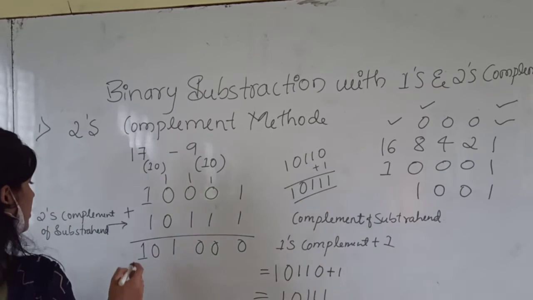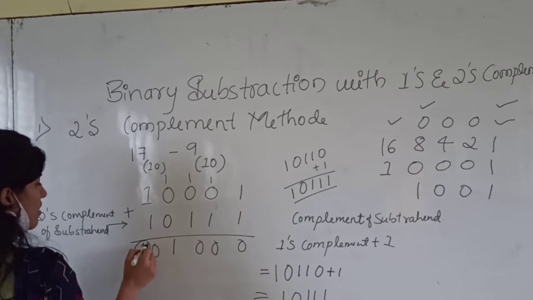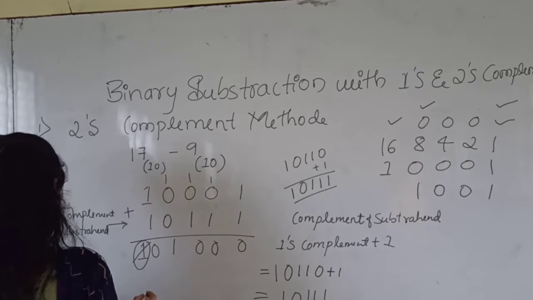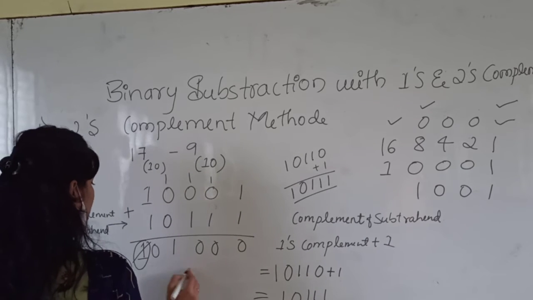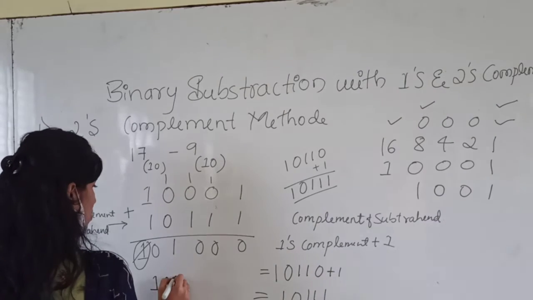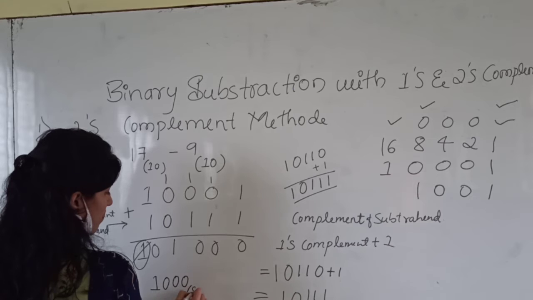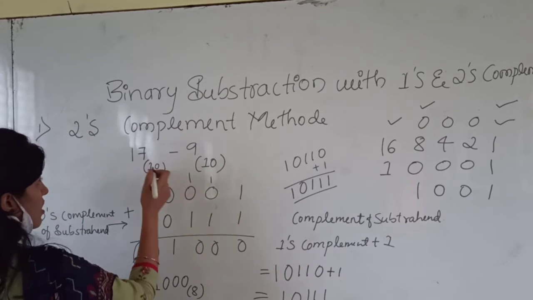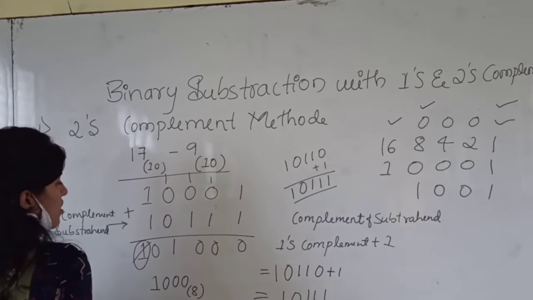Just discard this carry to get the final result. After discarding the carry, we get the final result as 1, 0, 0, 0. This is the answer for this binary subtraction.